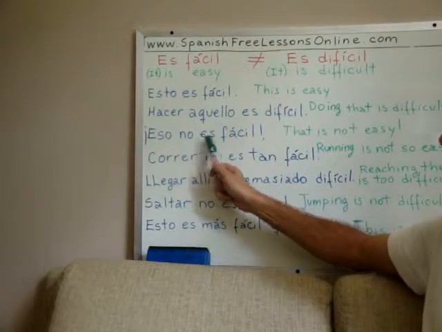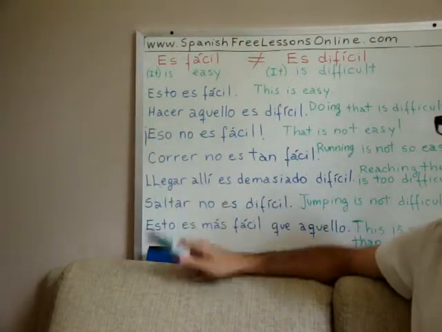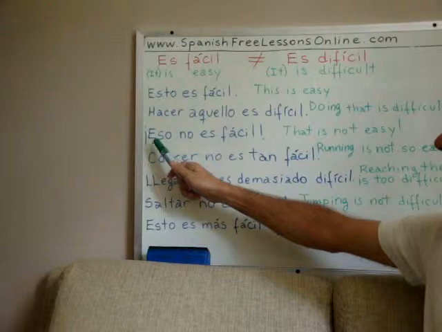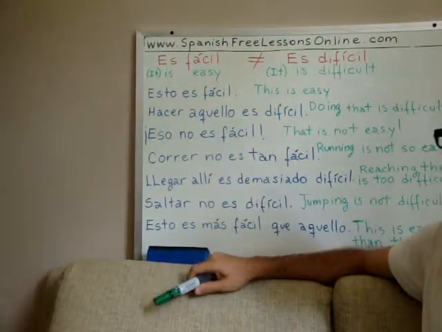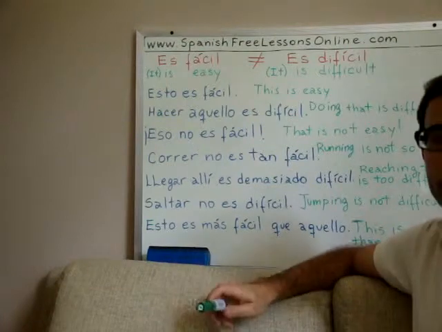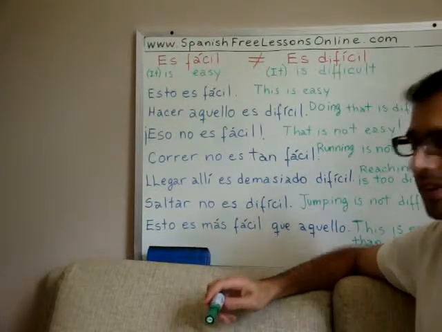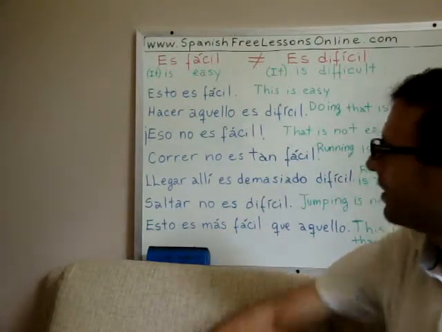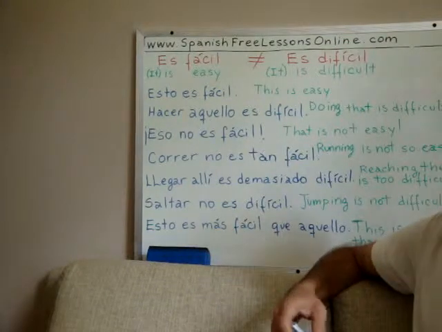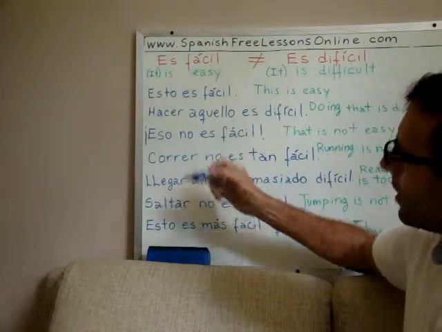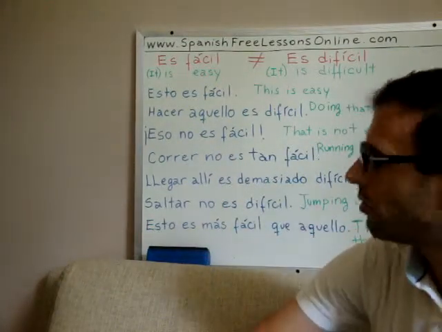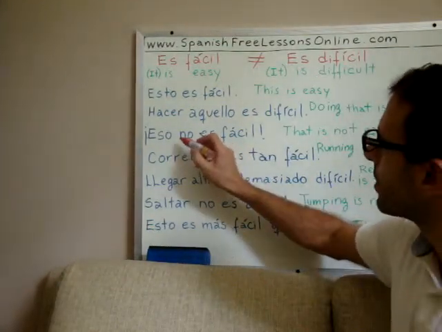Eso no es fácil. Eso means that. That is not easy, okay? In Spanish, when we are negating a sentence, the negative word, the no, goes before the verb, okay?